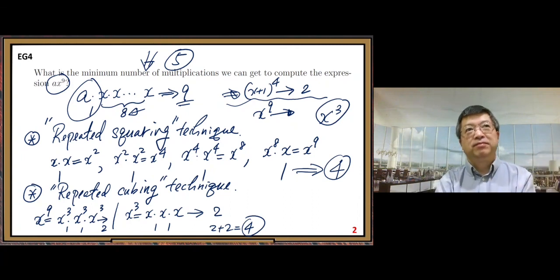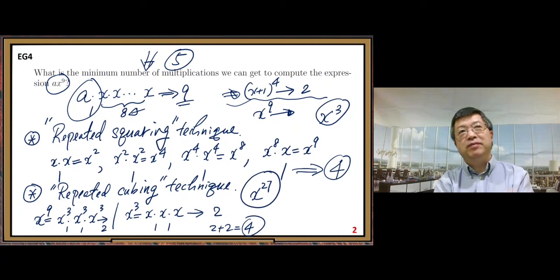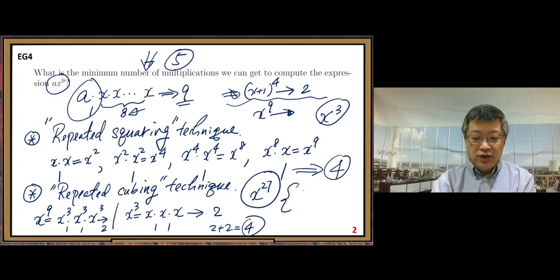But when you go higher, the number will be different, okay? All right, so here, let me tell you, x to the 27th. When you evaluate this one, x to the 27th, okay? If you use repeated squaring, yeah, let me just use this shorthand notation.